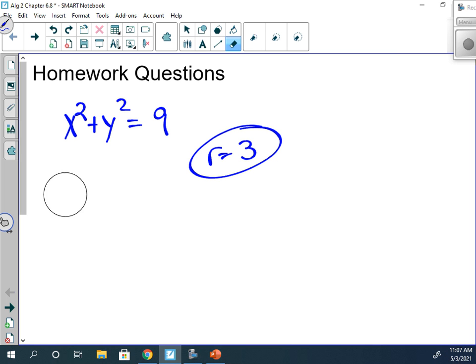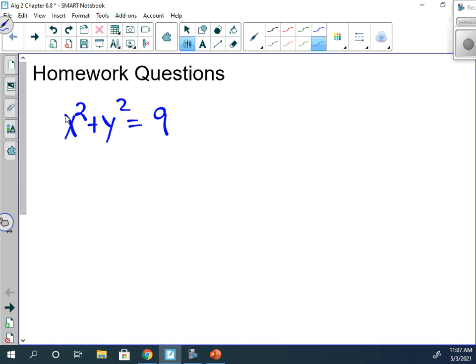Now, say we didn't do it that way. Well, that's about the only way really to look at it, because we're really going off the fact that r squared is equal to x squared plus y squared. Because if we're wanting to do it any other way, we'd need to get x and y by itself, so then I can actually go about using tangent of theta. And most of these are actually going to have squares in them. Most. Because if they're talking about circles, we're going to do it that way.